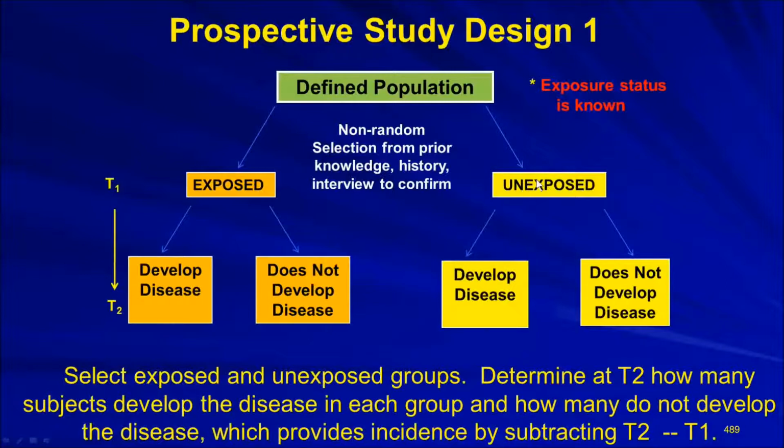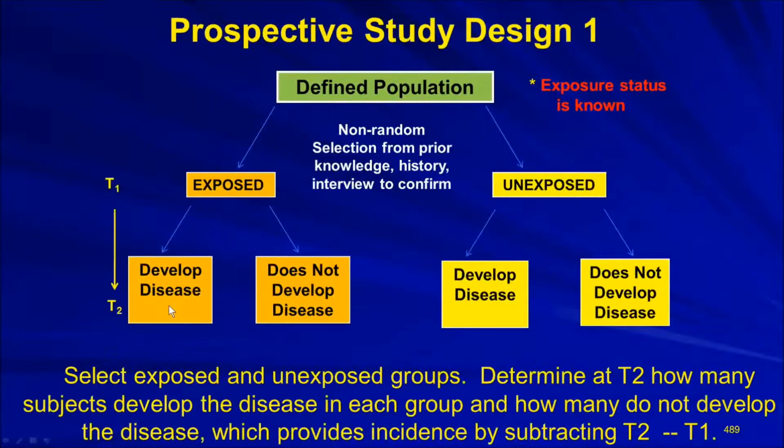Okay? Then what follows, this is time, of course, and we're following them over time. Then we look at the exposed and we see what happens to them. And we know that there'll be a certain portion of those that are, we look what happens to them in terms of their health and health status, health risk.